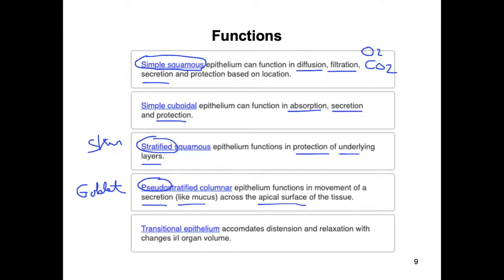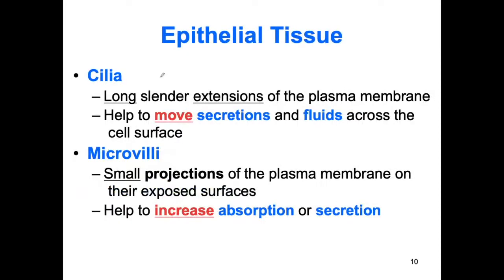Apical means top. Transitional epithelium accommodates the extension and relaxation with changes in organ volume. You think of the urinary bladder, anything that's urination: urinary bladder, ureters, urethra, all going to have transitional epithelium.